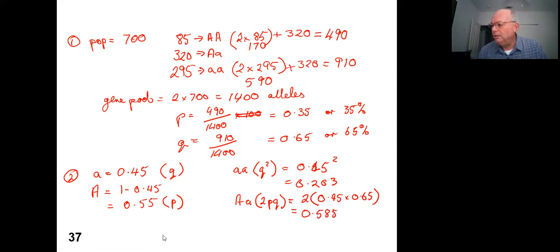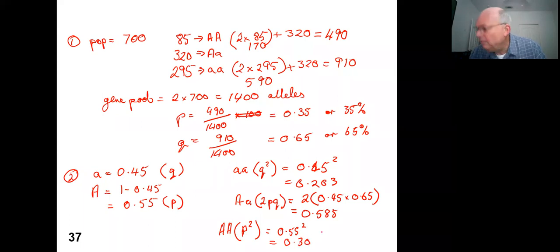Let me move this out of the way again to see what we're doing. Big A, big A, which is P squared, equals 0.55 squared, which equals 0.303.